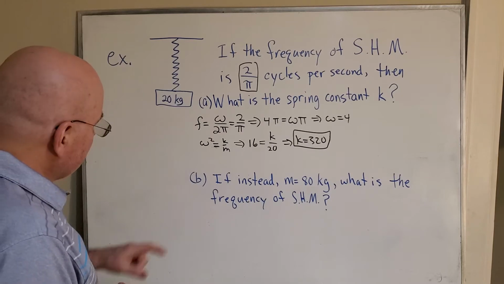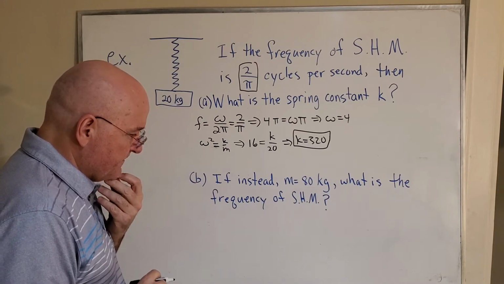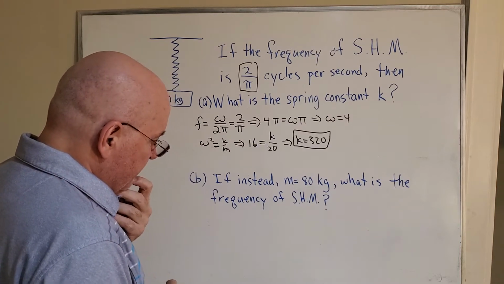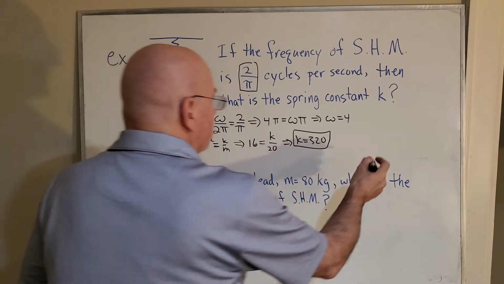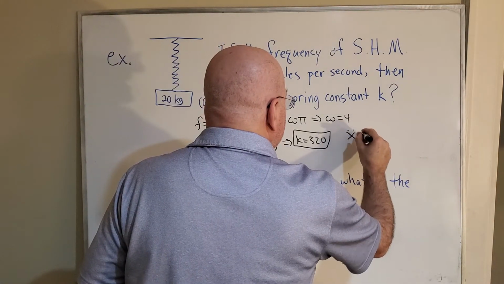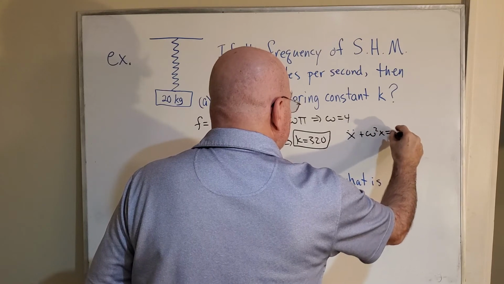I don't know if we'll need it down here or not, but since we know omega, the differential equation would be x dot dot plus omega squared x equals 0.